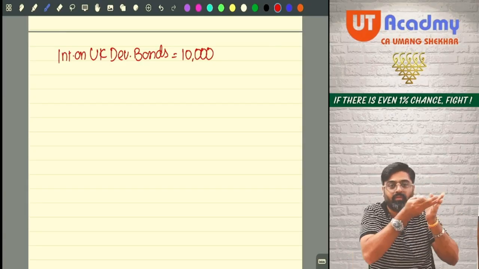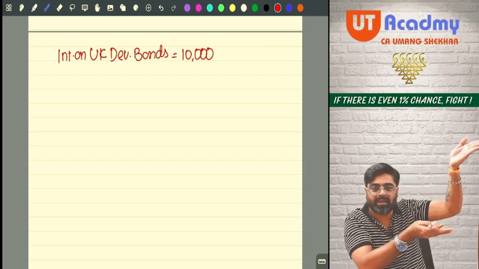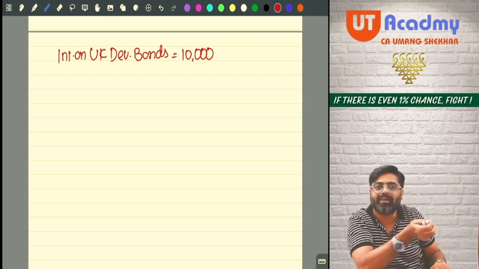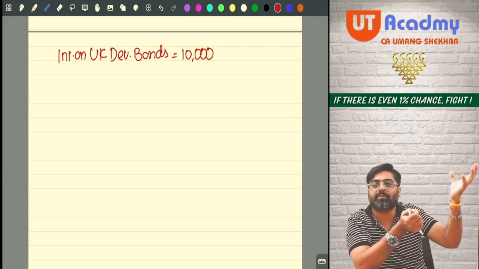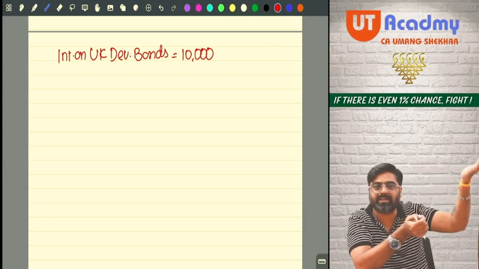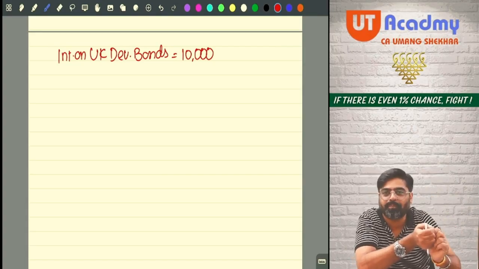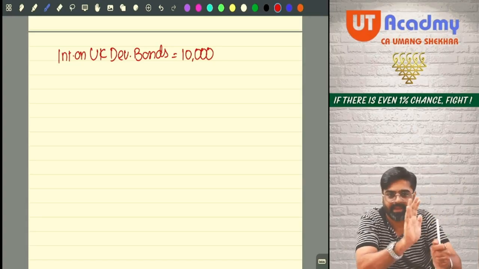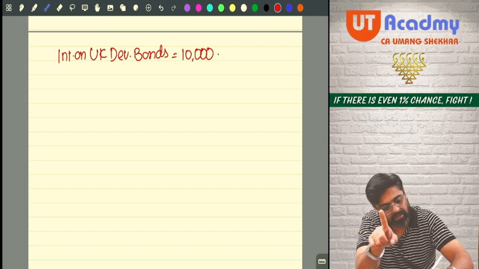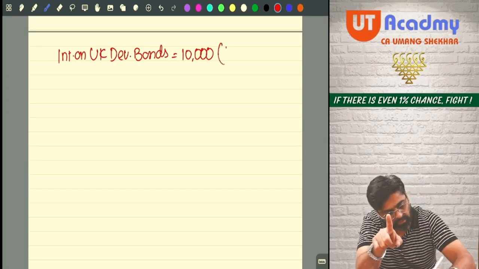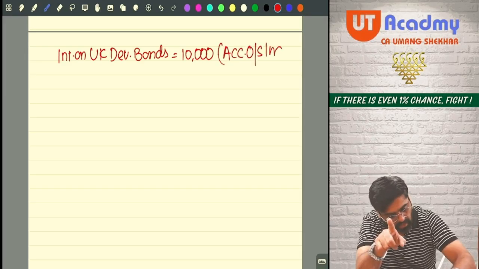The money you have given will be used by the UK government outside India, and on that money you are getting interest, so that interest is accrued from outside India, no? Tell me yes or no, did you understand this much? So can I say this entire 10,000 is your income which is accrued outside India?